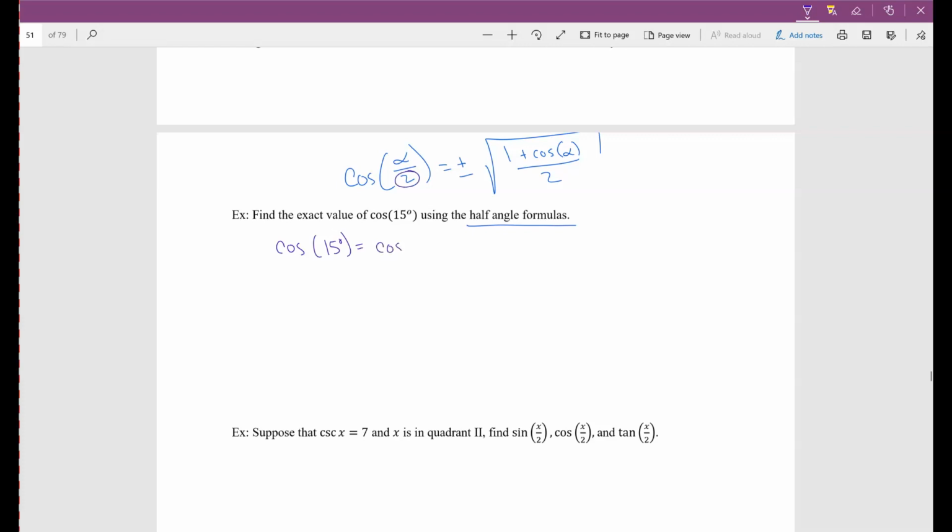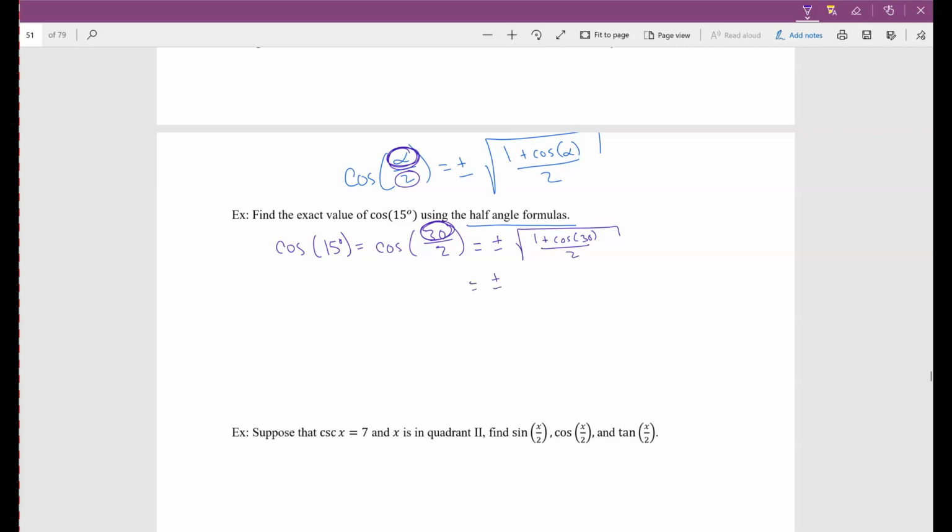That one's pretty simple: 30 divided by 2 gives me 15. So the alpha value in this case should be equal to 30. That's what I'm going to plug into this formula: plus or minus square root of 1 plus cosine of 30 degrees over 2.